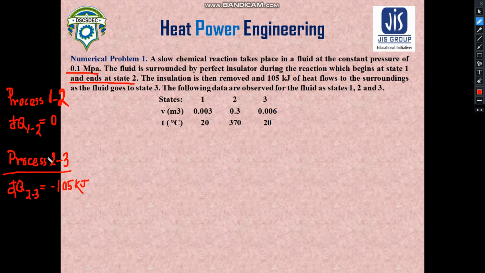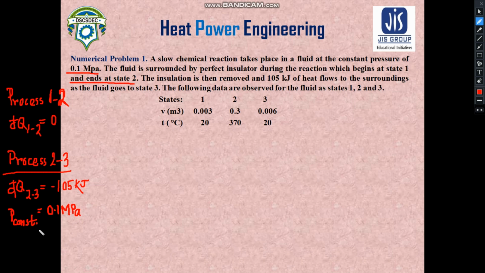Now during the process 1 to 2 and process 2 to 3, the pressure remains constant. That has been mentioned in the first line of the problem. So P is constant, and what is the value of this constant pressure? It is 0.1 megapascal.